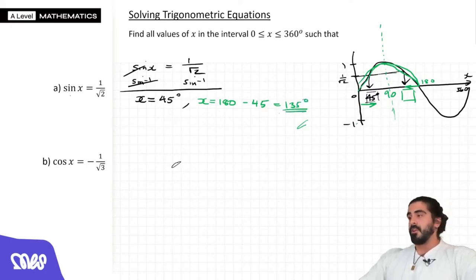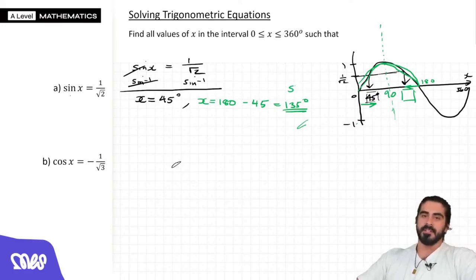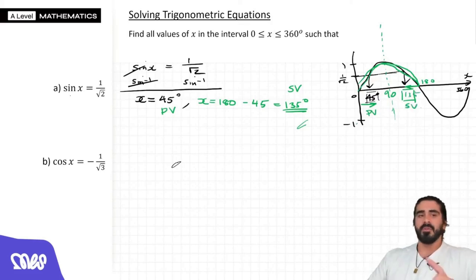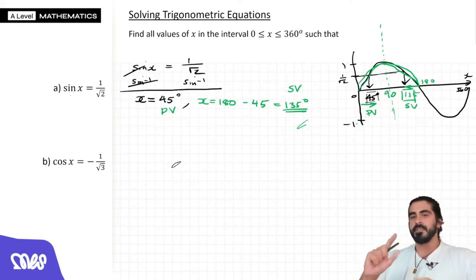Now there's some lingo you need to use here. This second value is called the secondary value, or the SV. The first value we call the primary value. So this is the primary value, and this 135 is the secondary value. Now, sine, cos, and tan all have a simple rule to find the secondary value. For sine, all you do is 180 minus the first value.